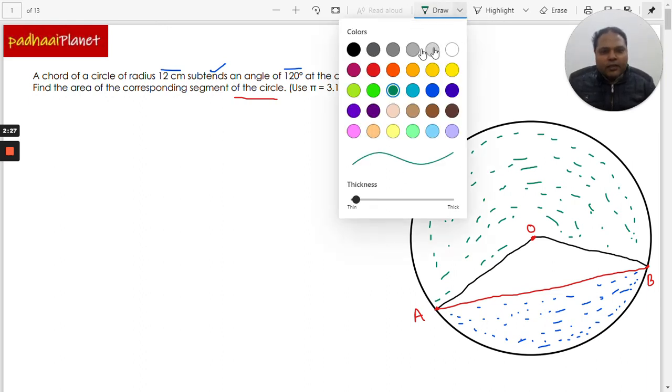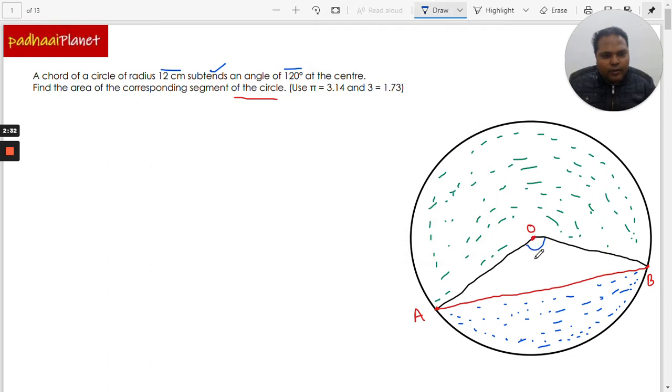And this angle is 120 degrees in whole, and the radius is given as 12 centimeters. So this is 12 centimeters, and this is also 12 centimeters, right?